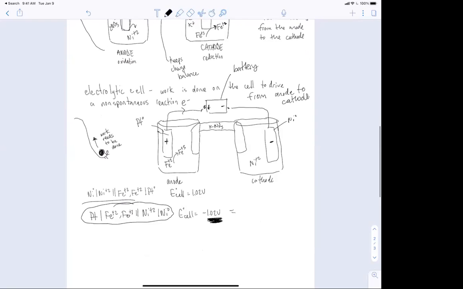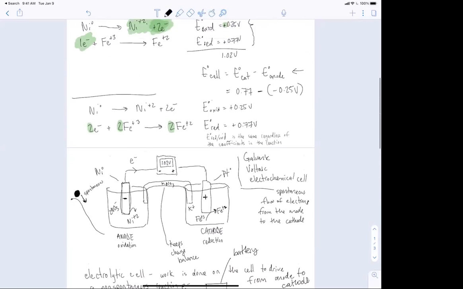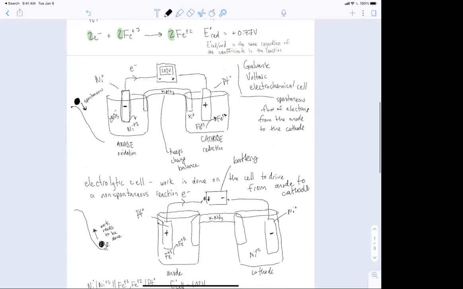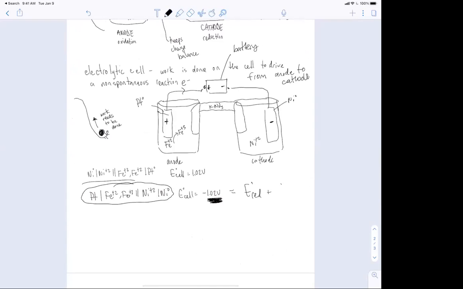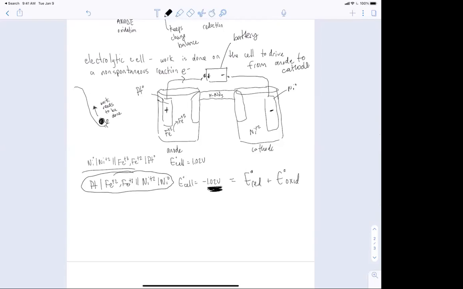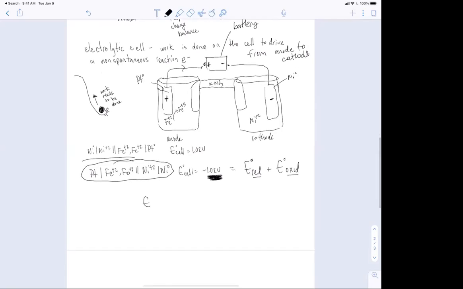That's why I like this equation. This one always holds the reduction plus the oxidation. In the learning modules, they said reduction minus oxidation for some reason. Well, it depends on how you define these two things. Here I'm calling this the oxidation potential and the reduction potential. So this is the reduction potential plus the oxidation potential.